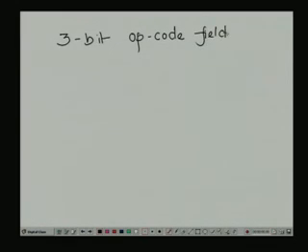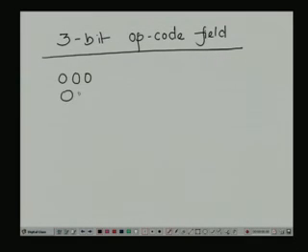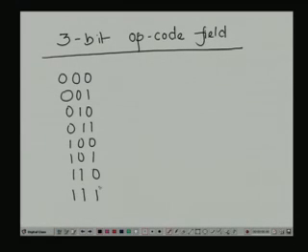Say I have a 3-bit opcode field. So all possible 3 bits, say 000 to 111. So these are my fields.